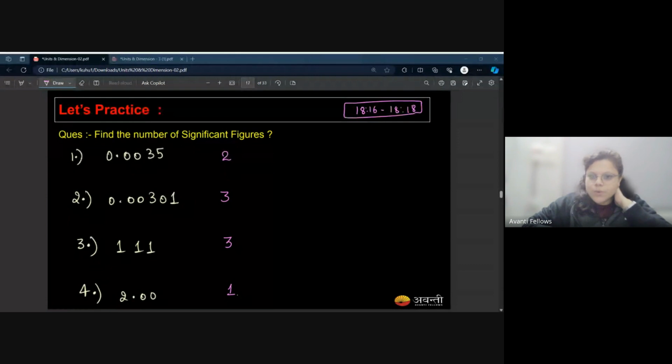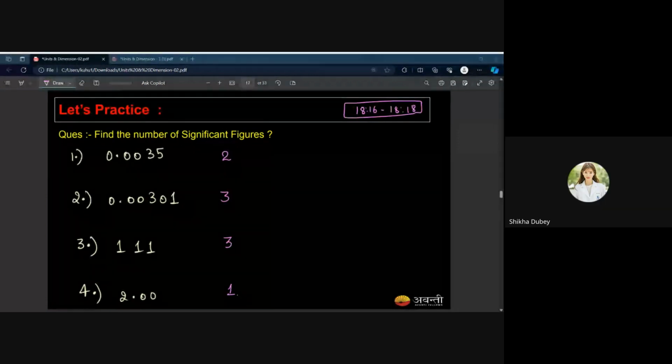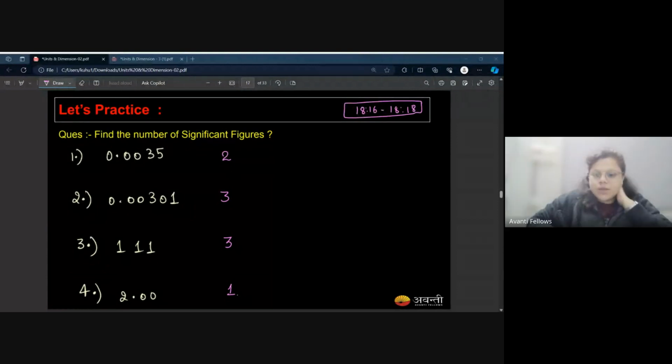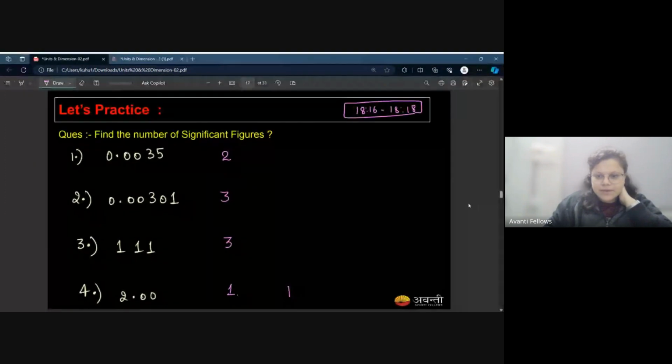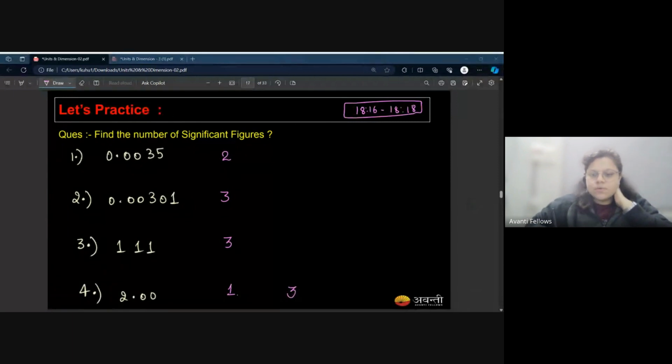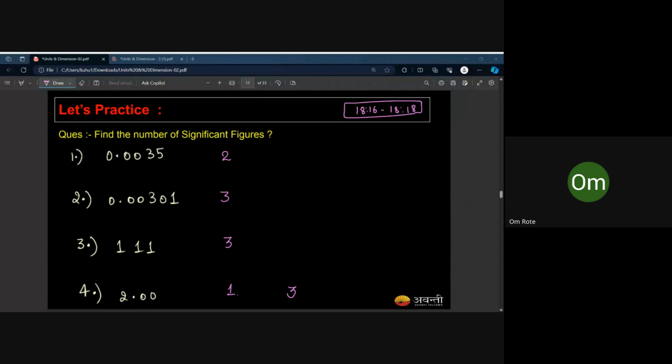Or do you want to change anything? Ma'am, the fourth one would be 3. Okay. So Shikha said it is supposed to be 3, right? Do you want to change something or is it fine? It's fine, ma'am. 3 is the right option for 4.